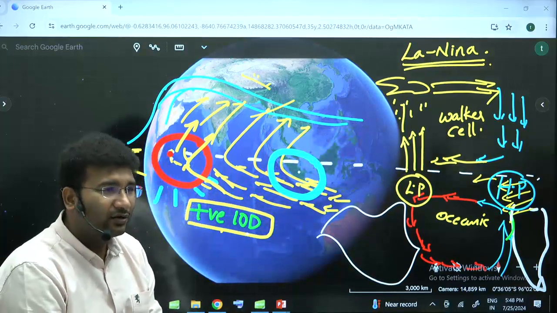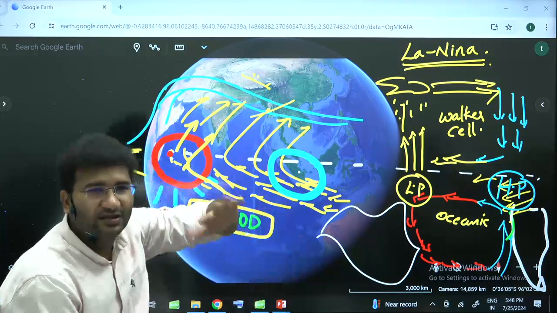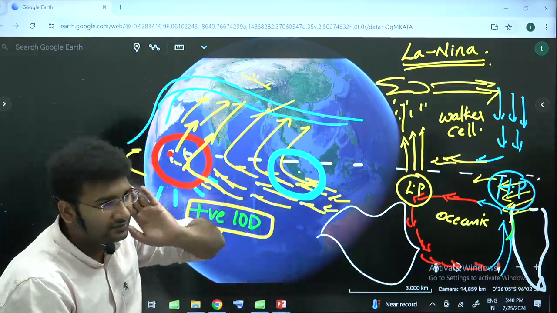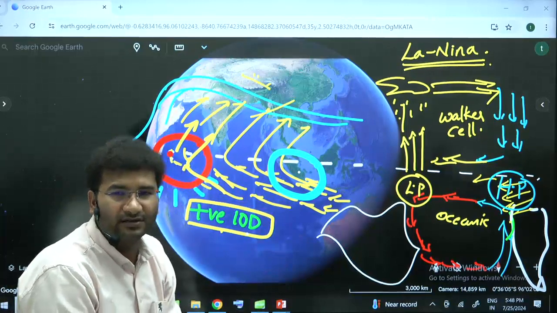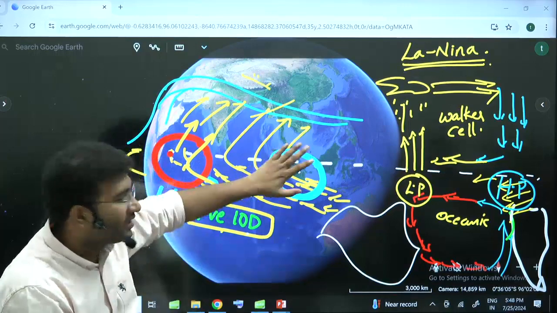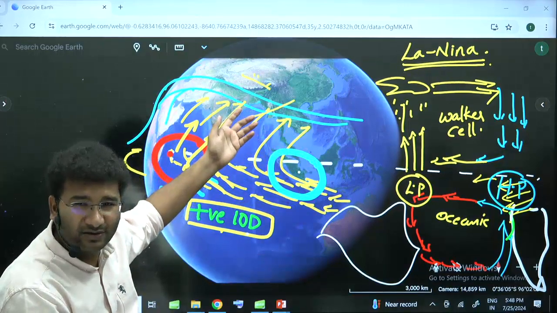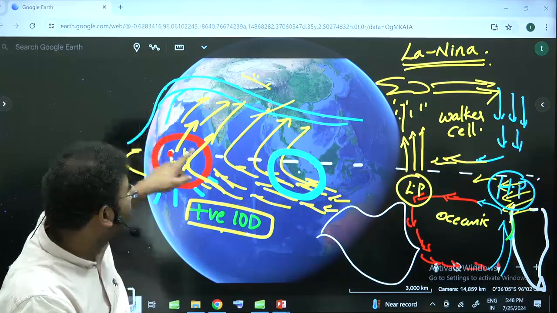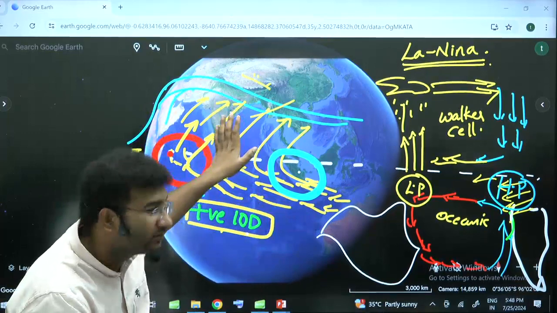So, in El Nino conditions, the entire atmospheric circulation is disturbed. Jet streams disturbance will be there. This is happening in the southern hemisphere, but its impact can be there in northern hemisphere also. For suppose all the southern hemisphere winds are the ones which are coming to northern hemisphere, no?